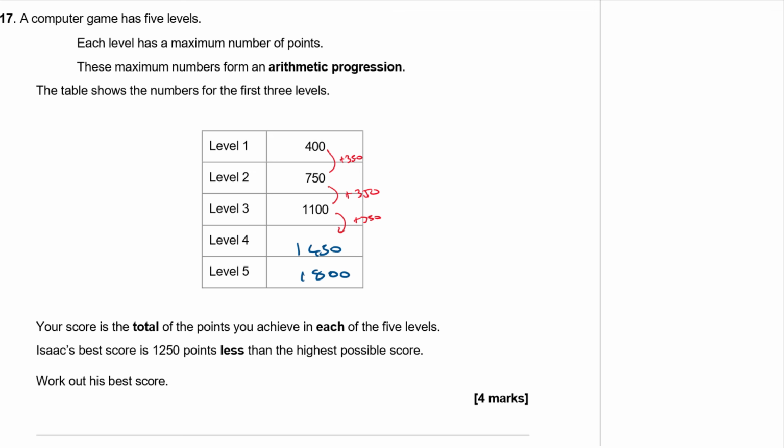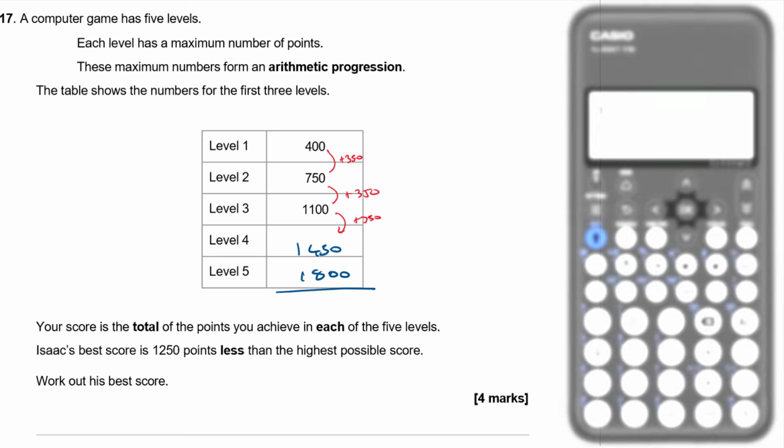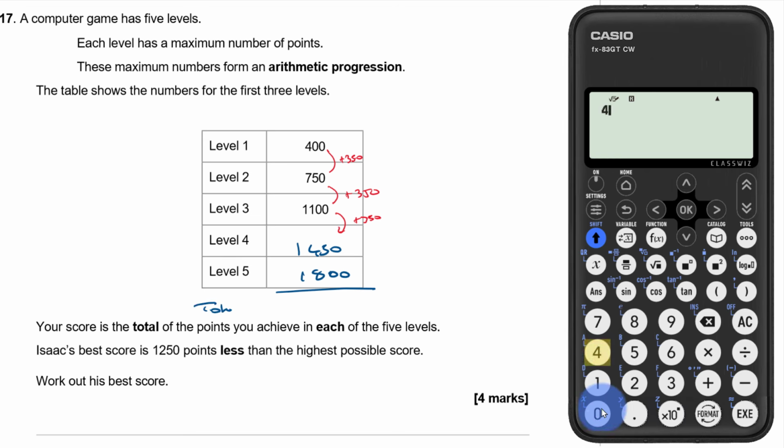So your score is the total of the points you achieve at each of the 5 levels. Isaac's best score is 1,250 points less than the highest possible score. Work out his best score. Okay, so your score is the total of all the points you achieve in each of the 5 levels, and the maximums there are shown. So if we add all those up, that will be the total number of possible points.